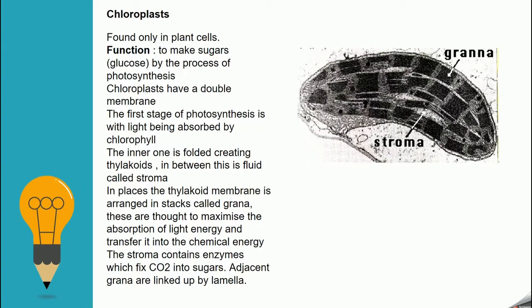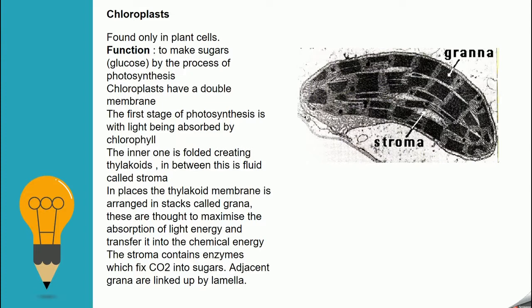The first stage of photosynthesis is light being absorbed by the chlorophyll, and the chlorophyll is inside the chloroplast, and the inner membrane is folded, creating thylakoids, and this is in between this fluid called stroma.